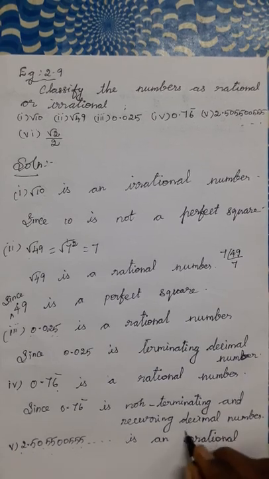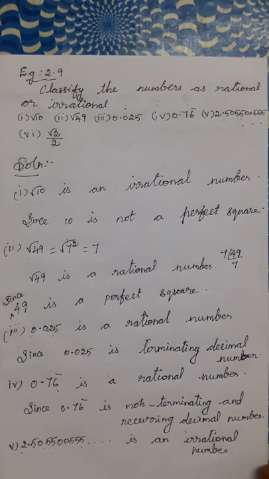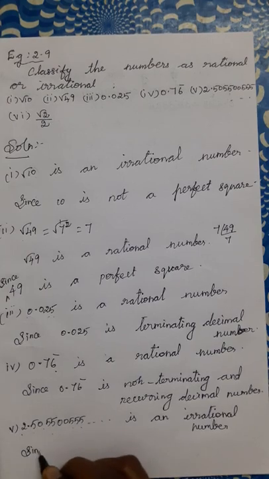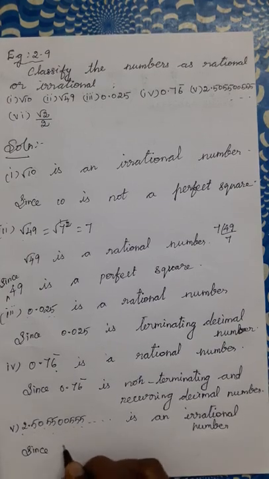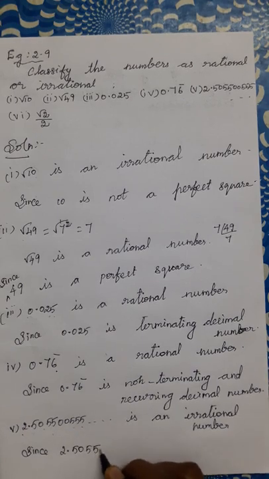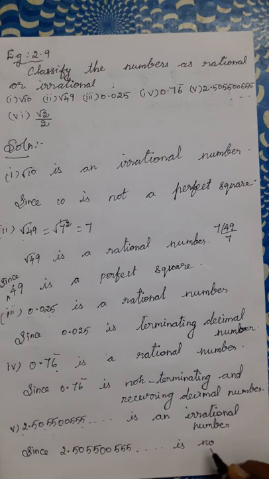It's an irrational number. Since 2.5055005555 etc. is a non-terminating and non-recurring decimal.